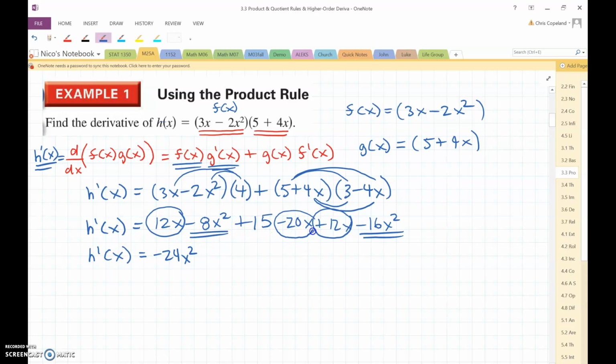Minus 20x would be 4x. And then plus 15. This would be our answer.